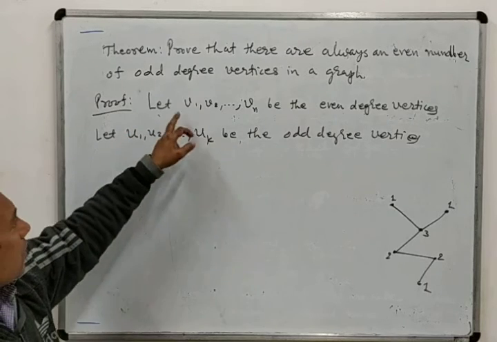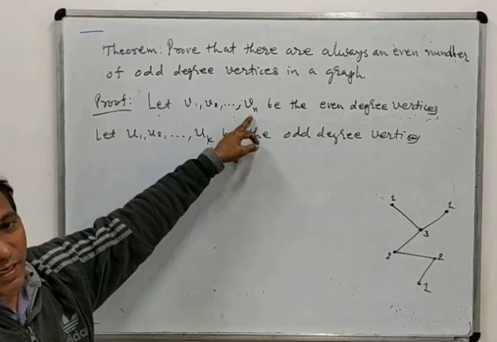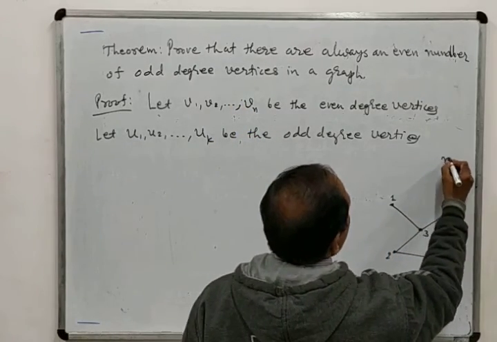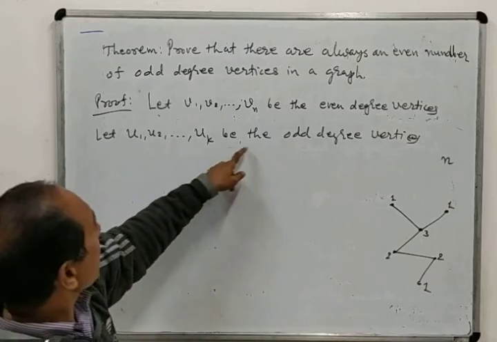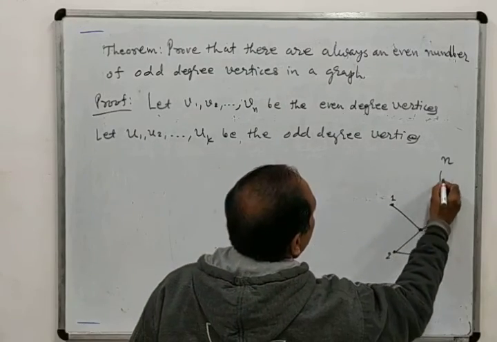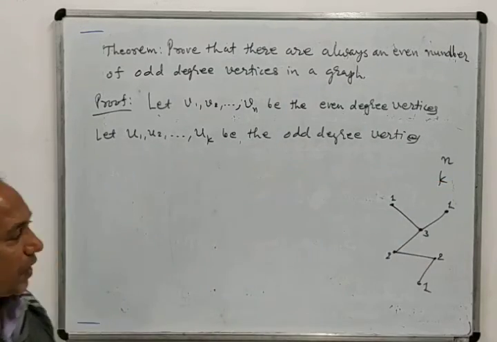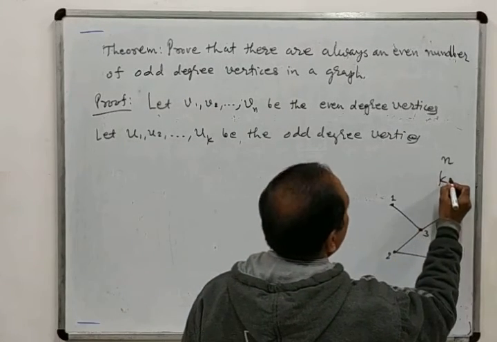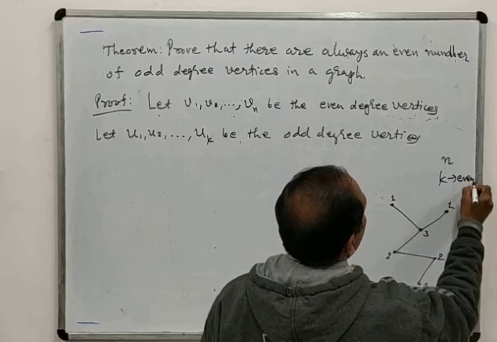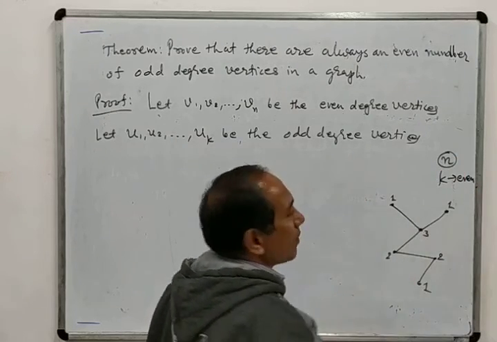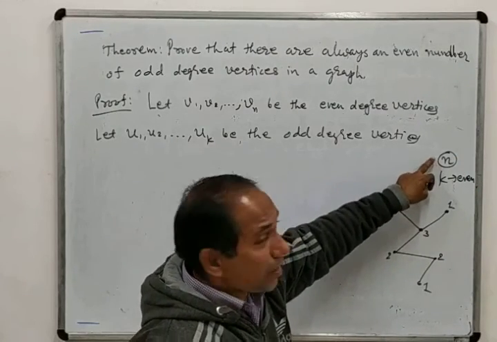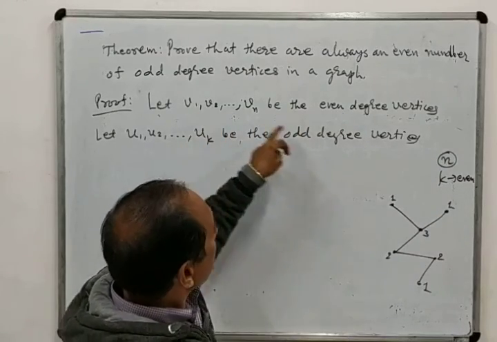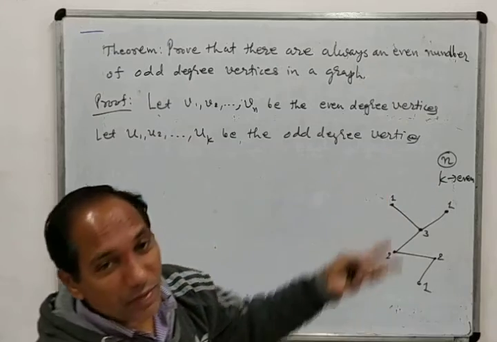So here the number of even degree vertices is n. As per our assumption, the number of even degree vertices is n and the number of odd degree vertices is k. Okay? We want to prove that k is an even number. All the n vertices have even degree, but n may be odd or even.